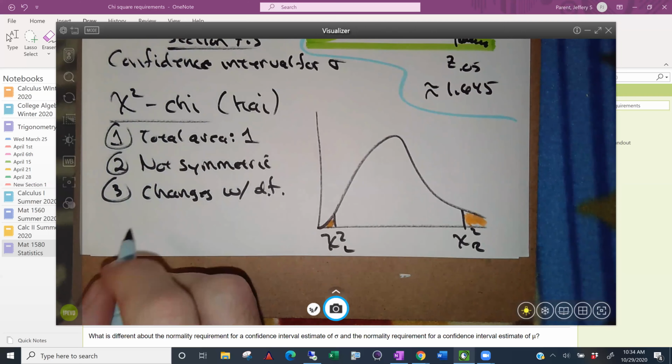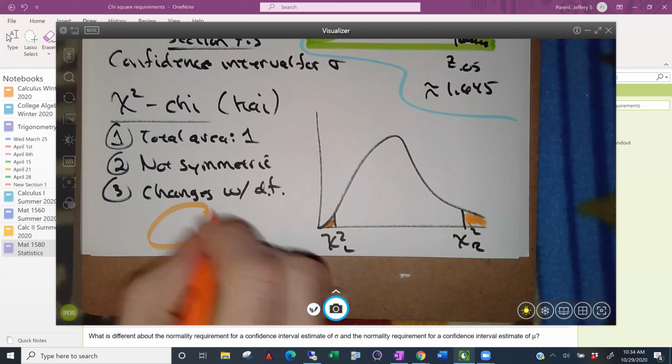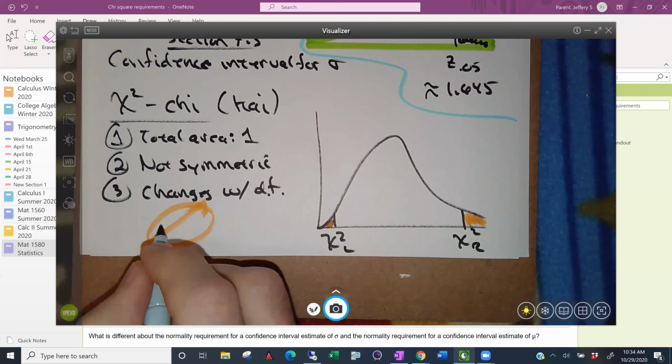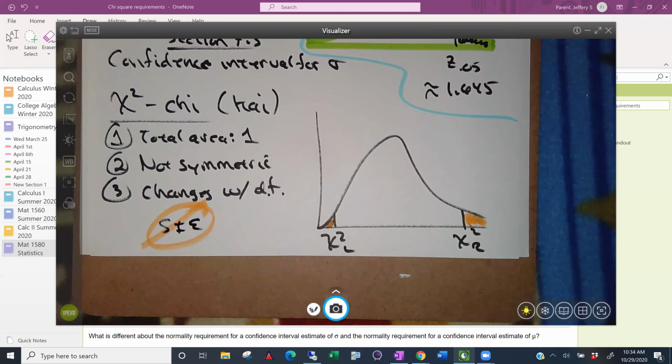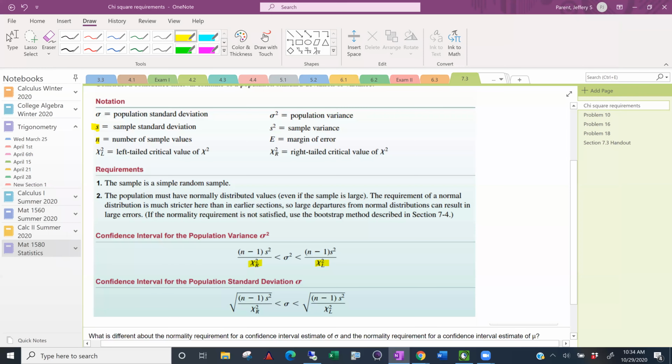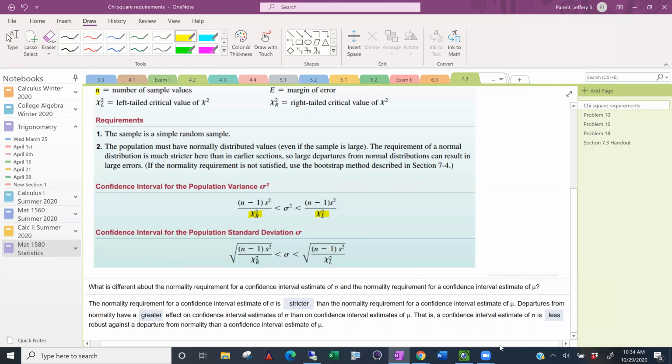I can't just do, for instance, s plus or minus E. That's not how this works. Your confidence interval is not going to be nice and symmetric like it was for the previous couple distributions. That's okay. It's not really going to be something that bothers us.